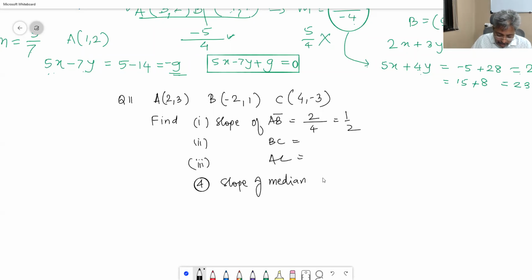AB. Slope of median through A. This is a good question. What is the slope of the median through A?